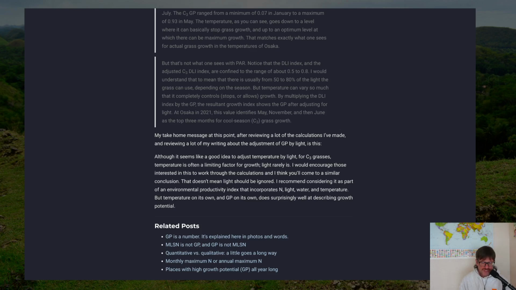I recommend considering it as part of an environmental productivity index that incorporates nitrogen, light, water, and temperature. But temperature on its own and GP on its own does surprisingly well at describing growth potential. That is the blog post, and so I'll put a link to that.